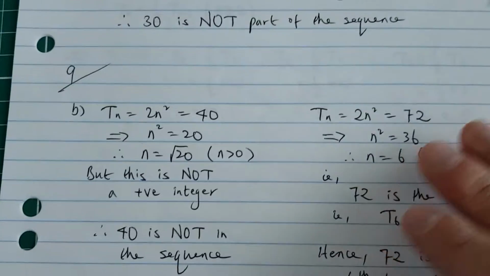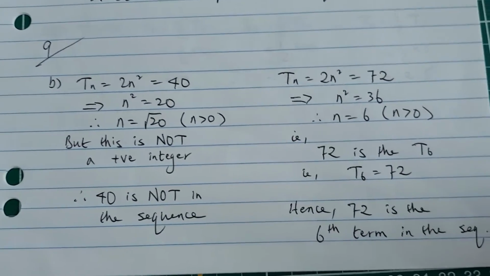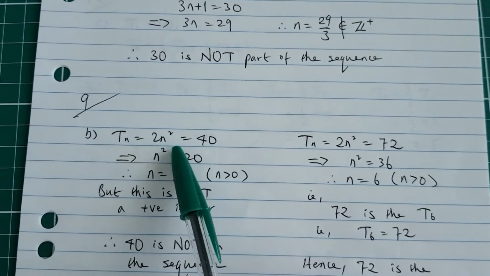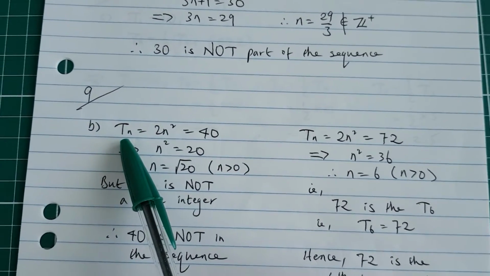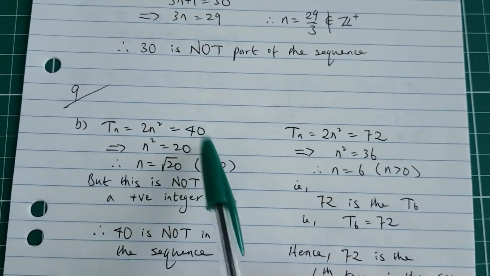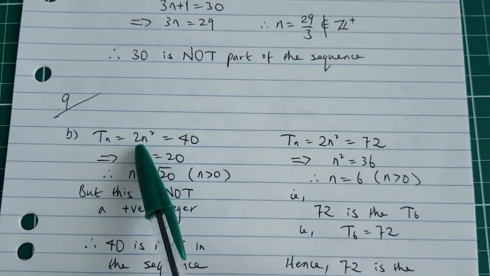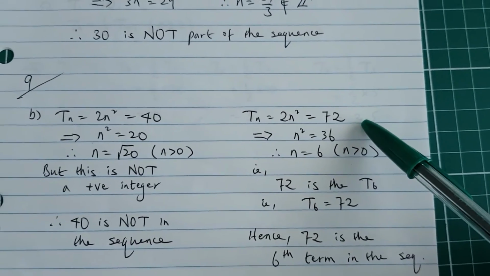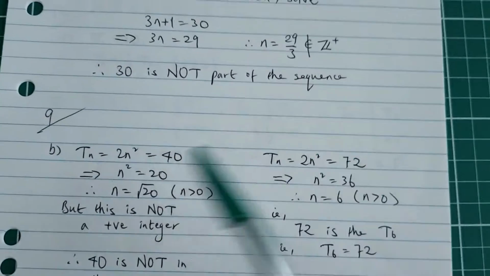Question 9, part B. There are two cases. Given the formula for the general or nth term of the sequence, we want to figure out whether 40 is a possibility as part of the sequence. And the second one was, can 72 be part of the sequence? Well, let's have a look.